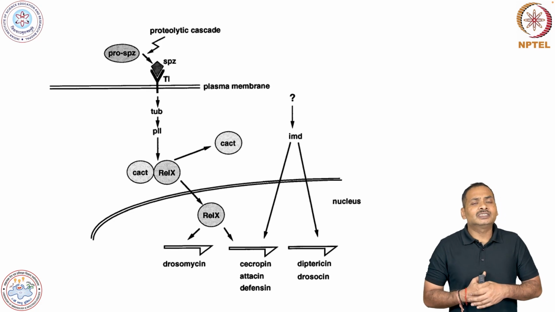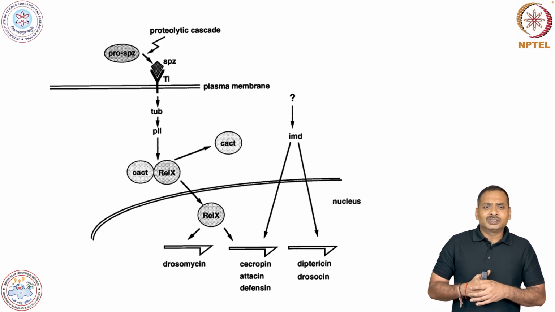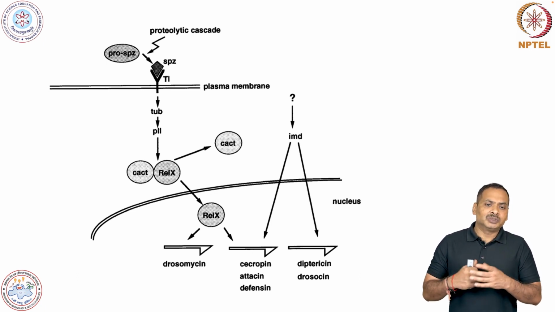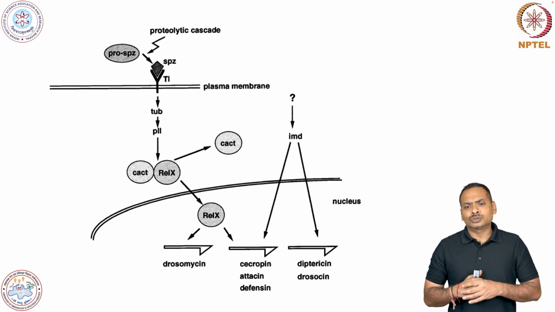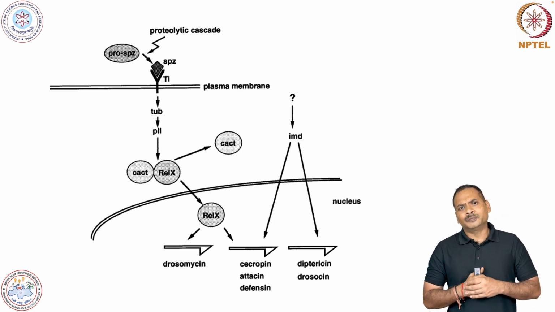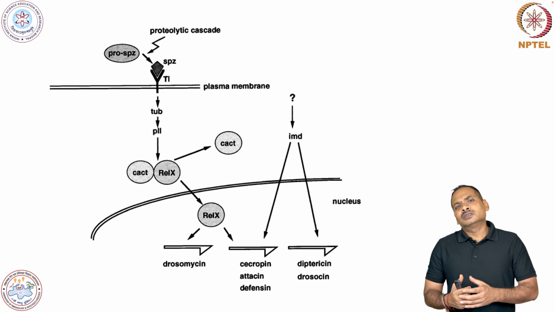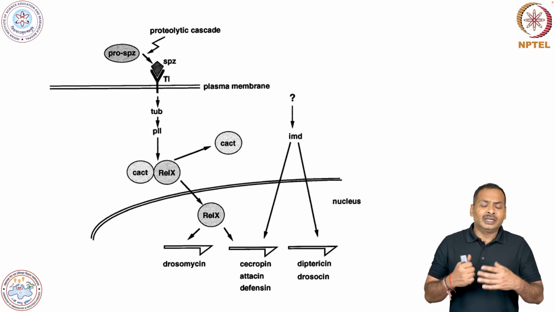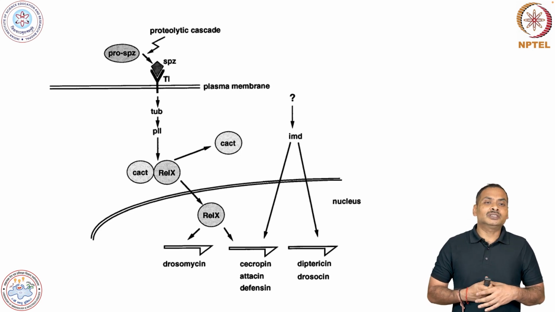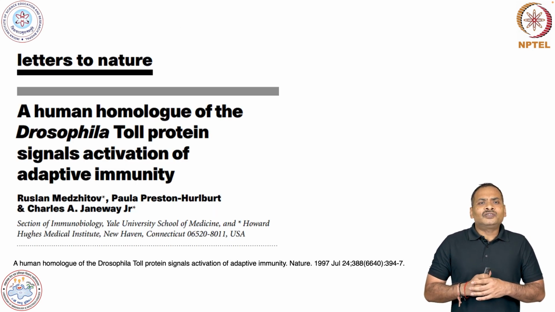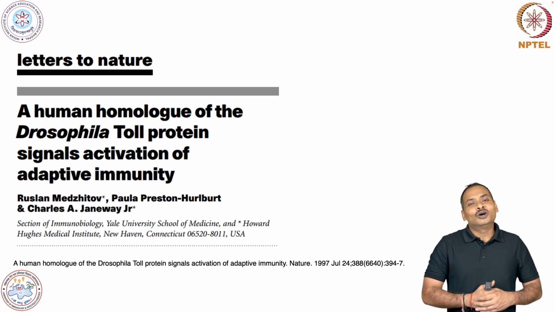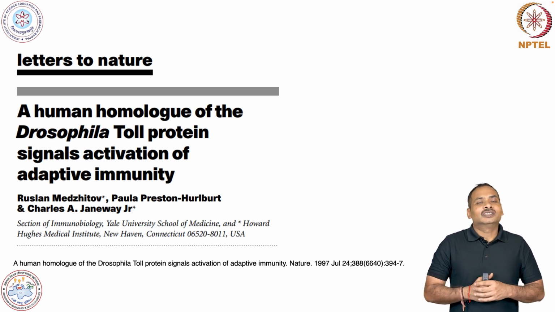As you can see here, there are proteins known as attacin, sarcotoxin, defensin, diptericin and drosocin. So all those proteins eventually develop antimicrobial responses.